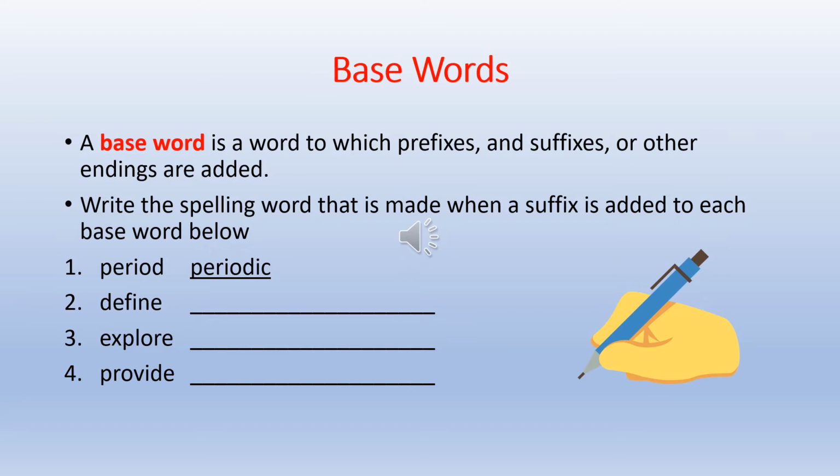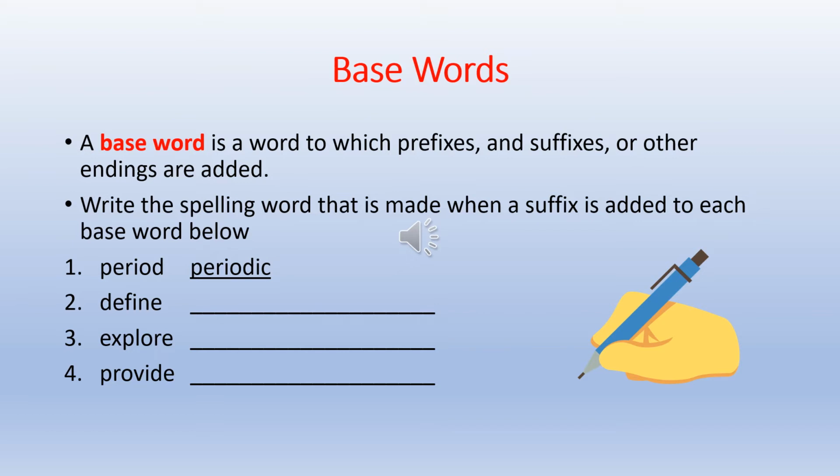So let's do example number 1. Period. That's the base word that we have. Let's add a suffix, and the suffix that we are going to add is IC. So the new word that we have is periodic.